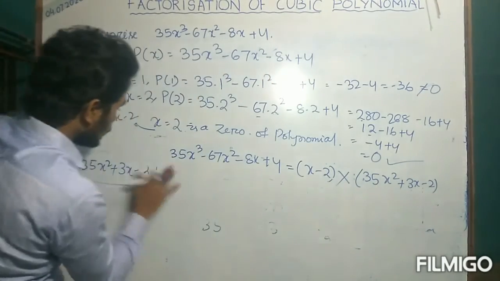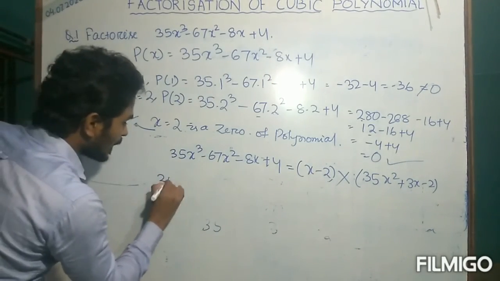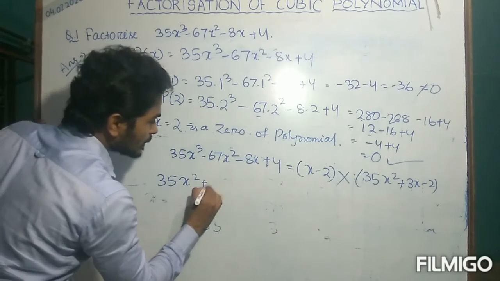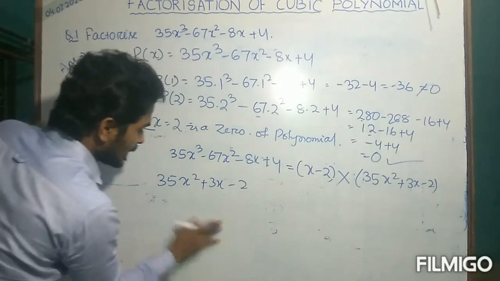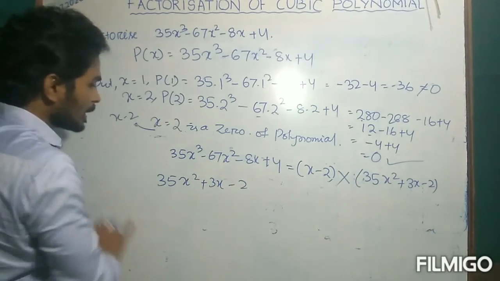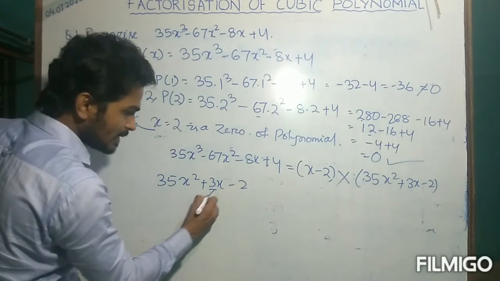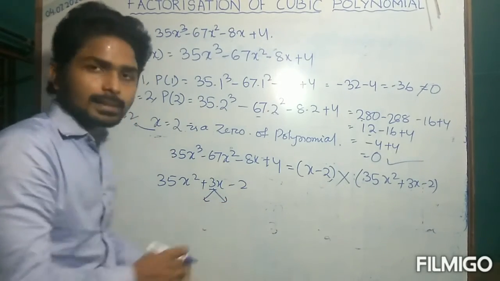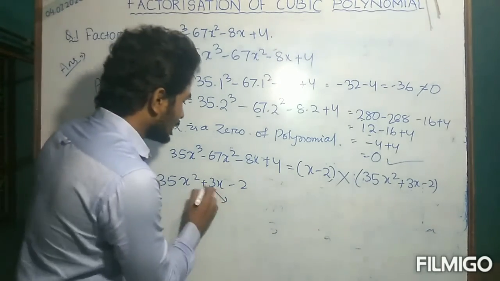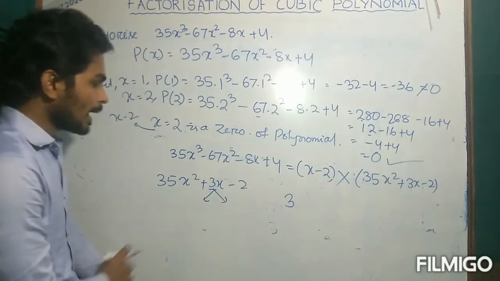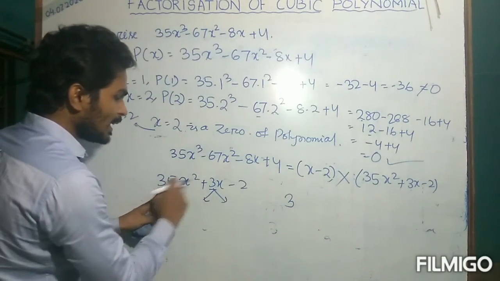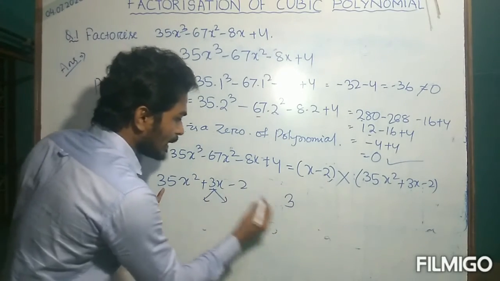So this quadratic polynomial 35x square plus 3x minus 2 is to be factorized using the middle term splitting method. That means the middle term 3 is to be split into two parts so that they add to give 3 and multiply to give 35 into minus 2, which is how much?